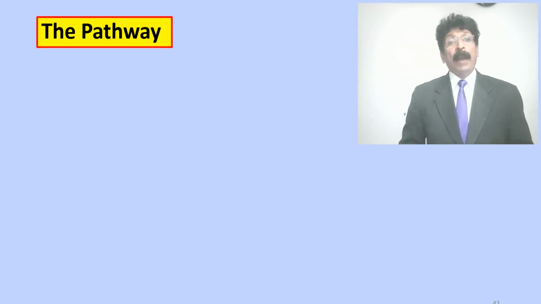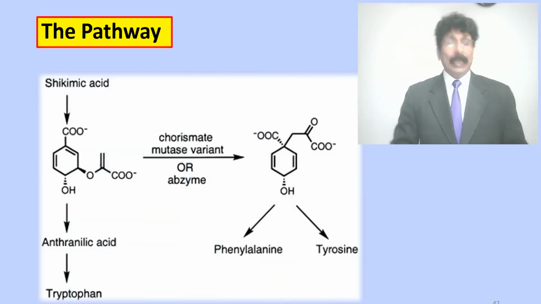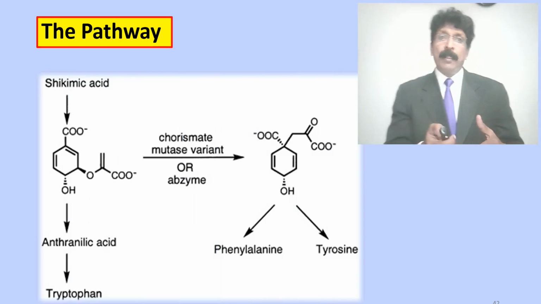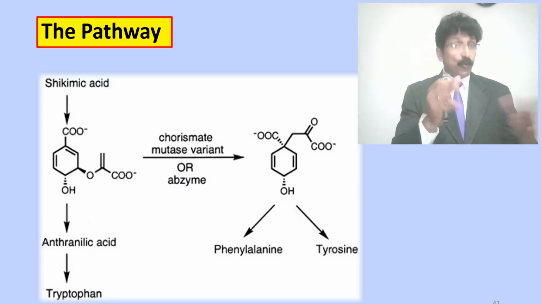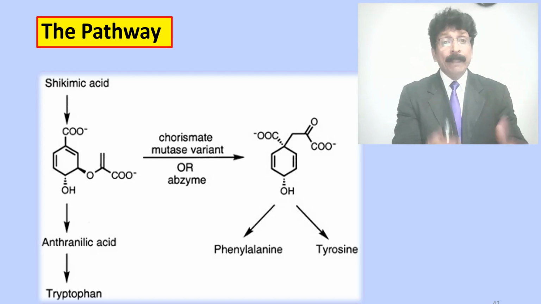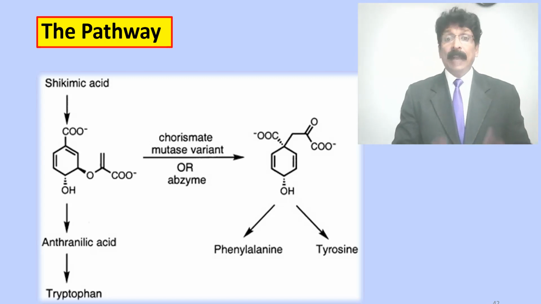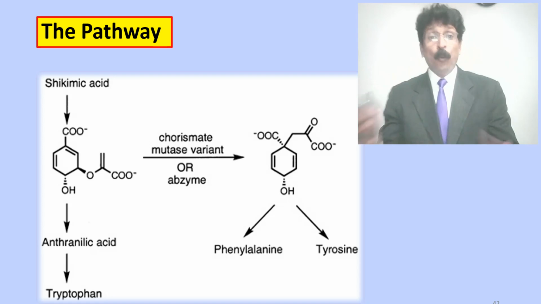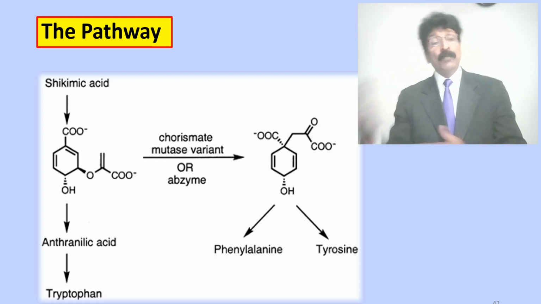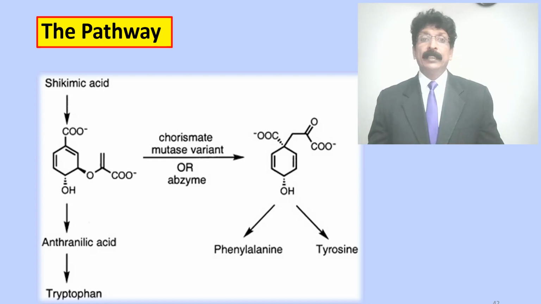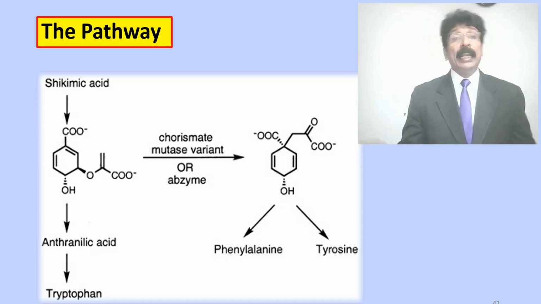The pathway, in a short manner: shikimic acid starts from pyruvate and erythrose 4-phosphate. From shikimic acid, we get chorismic acid. This chorismic acid, by means of chorismate mutase or a variant enzyme, is converted into the intermediate prephenic acid or prephenate, which will give rise to phenylalanine and tyrosine.